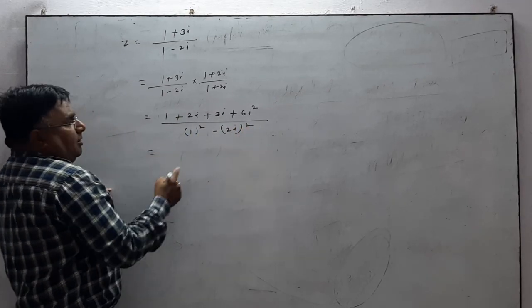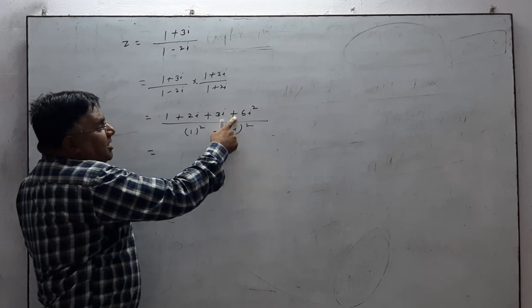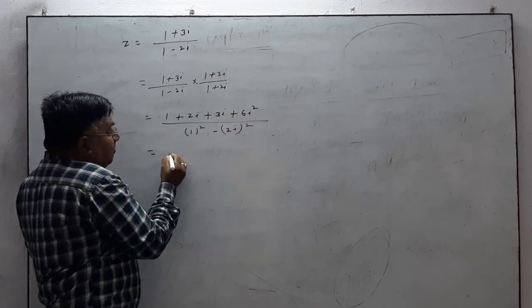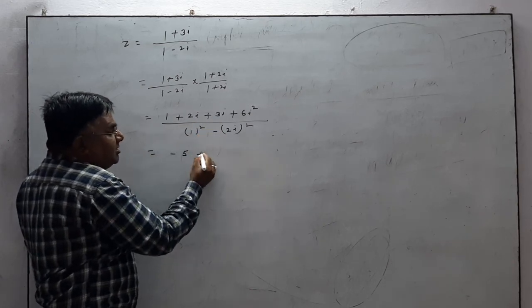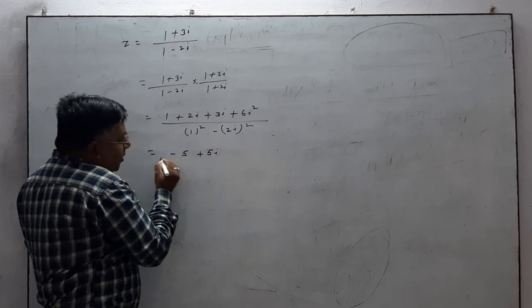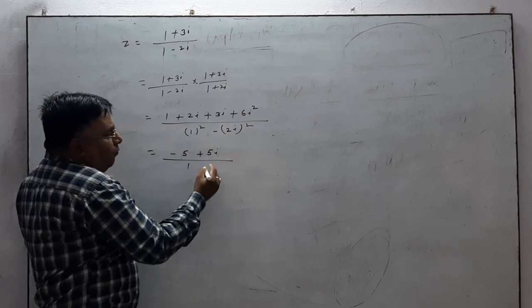Now look here. What is the value of iota square? It is minus 1. So that is minus 6. Minus 6 plus 1 is minus 5, the real part. And 2 iota plus 3 iota is 5 iota. Upon, what is the square of 1? 1. What is the square of 2? 4.